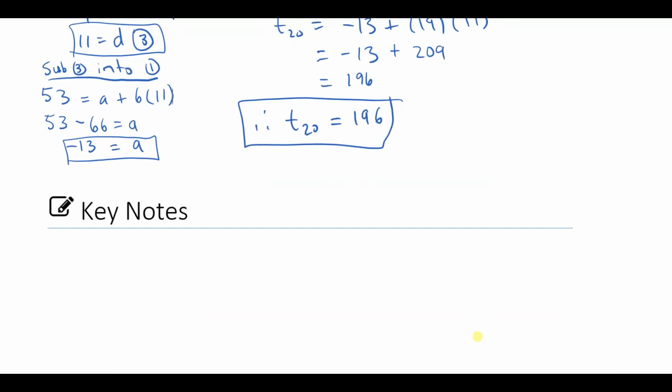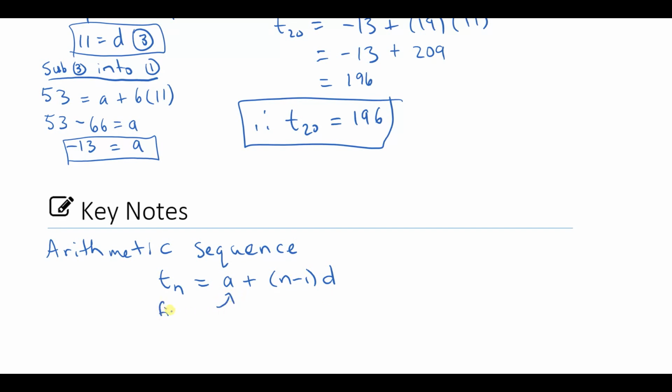What was important about what we learned? Here, we learned that an arithmetic sequence is an ordered list, and it can be represented by Tn. A term in the list can be represented by Tn is equal to A plus n minus 1 times D, where A is the first term, and D is the common difference.